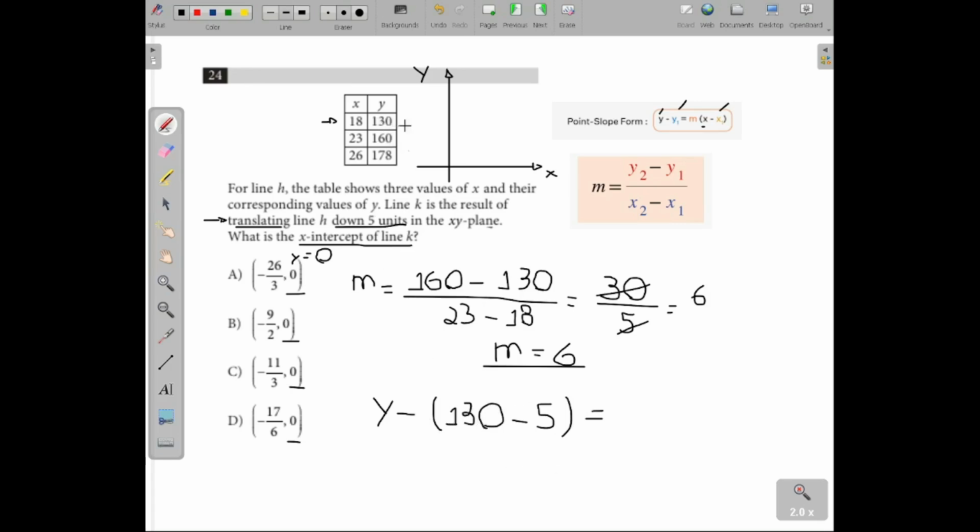So we could just use 125. We need to use that. It's equal to the slope 6 times x minus one value of x, 18.